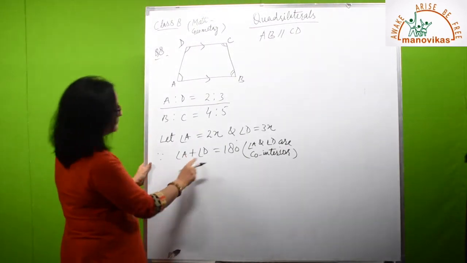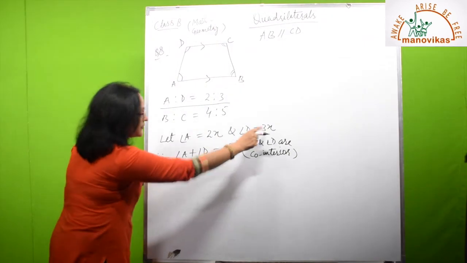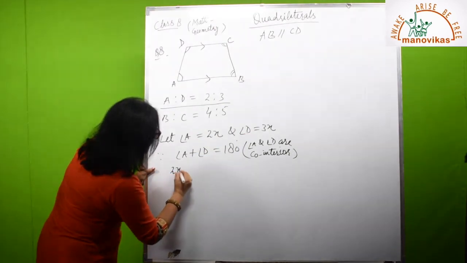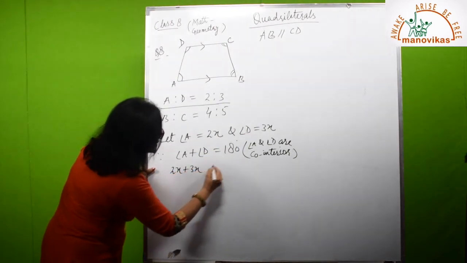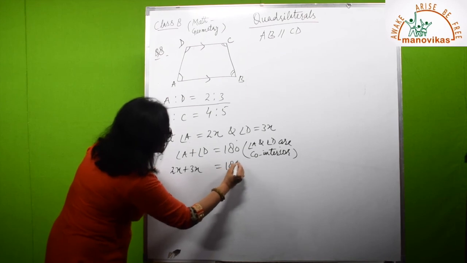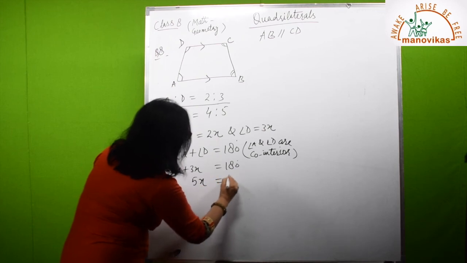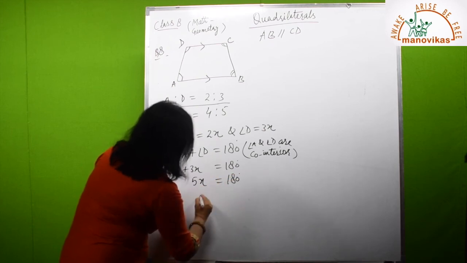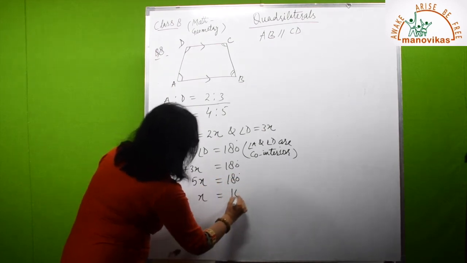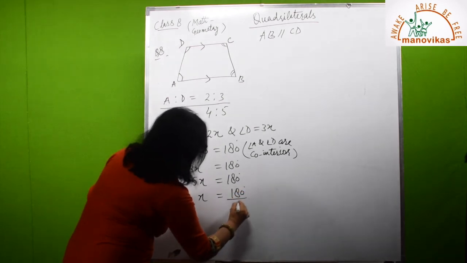Now, in place of A and D, we will use this variable form. 2x plus 3x is equal to 180 degrees. So 2x plus 3x is equal to 5x, equal to 180 degrees. Therefore, x is equal to 180 divided by 5.